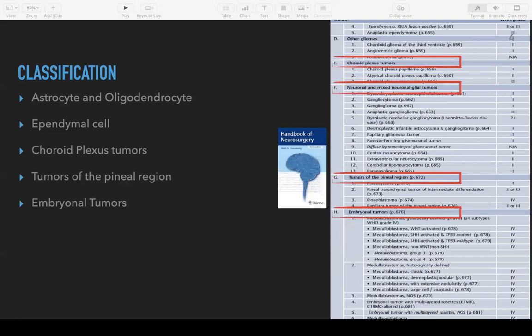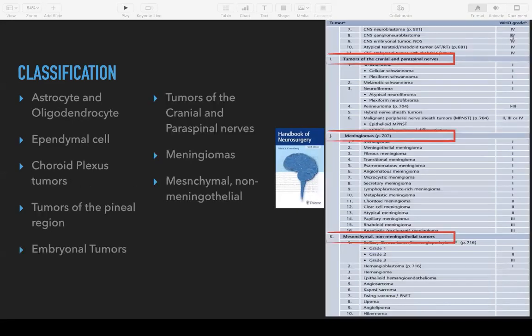Then in relation to location, we have choroid plexus tumor, and tumor from the pineal gland, and from the origin, we have embryonal tumors. Furthermore, we have cranial and spinal nerve tumors, and meningiomas, and mesenchymal non-meningothelial tumors.